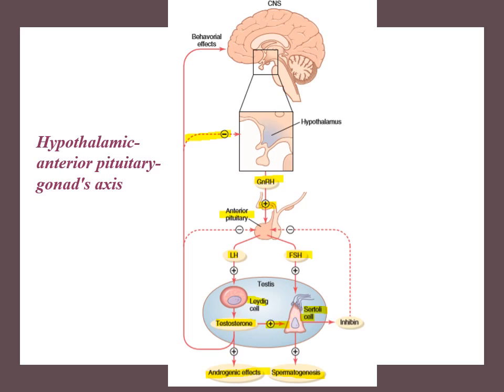There is another inhibiting factor released from Sertoli cells. When there is increased induction of spermatogenesis, inhibin will be released from Sertoli cells and will have a negative feedback on the anterior pituitary secretion of LH and FSH.